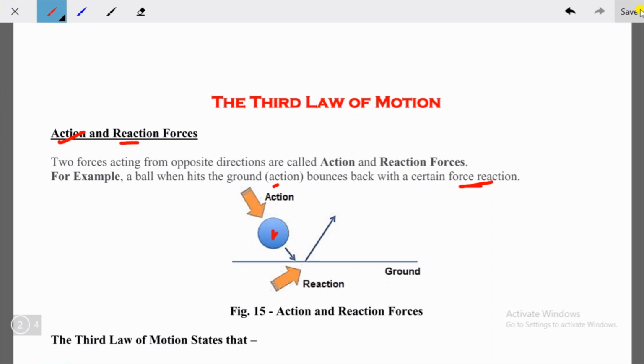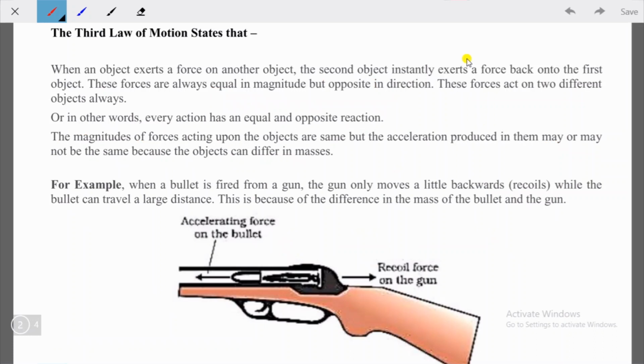So let's jump into Newton's third law of motion. Let's see what the statement is. The third law of motion states that when an object, listen very carefully, this is a very important law of Newton. The earlier two were important, but this one is very important because from this you have so many numericals to solve. So you see the statement: when an object exerts a force on another object, the second object instantly exerts a force back on the first object.